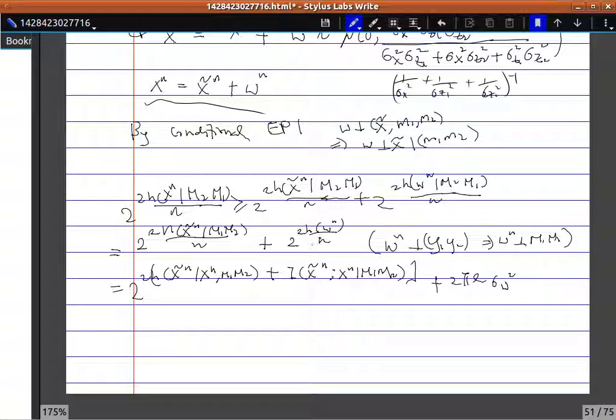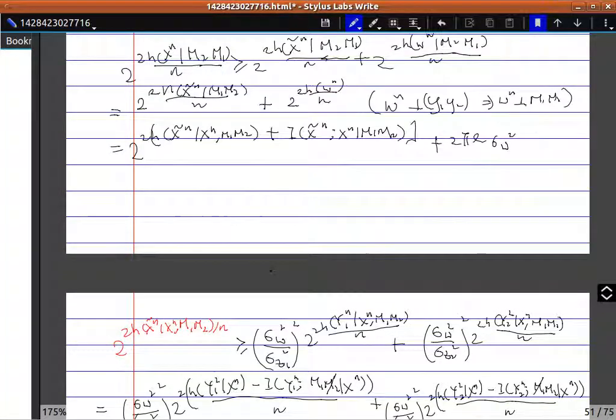So therefore, we can just remove this conditioning here. So it's just 2 to the 2 h(w^n) over n. And of course, this h(w^n) is just n over 2 log 2 pi e sigma w squared. So we substitute that, it is equal to this here. And this guy we can expand into a sum of conditional entropy plus conditional mutual information.